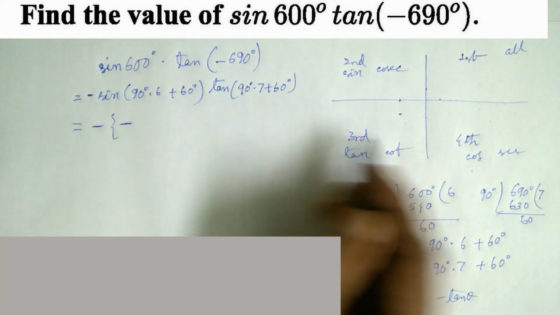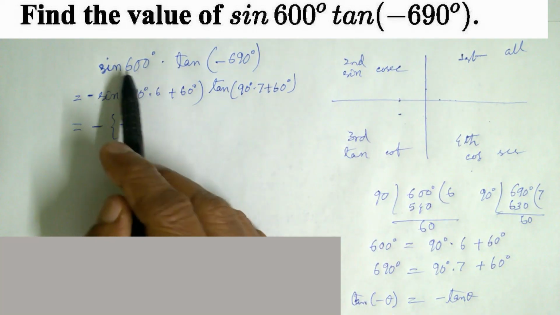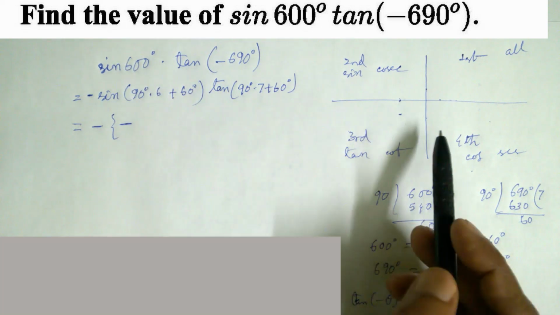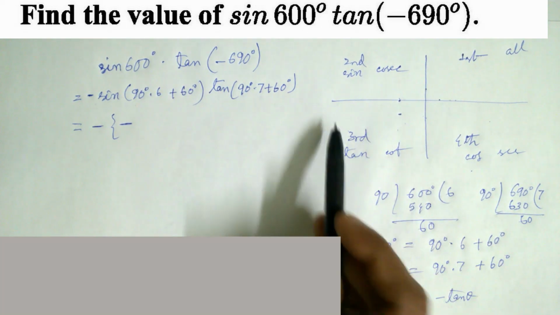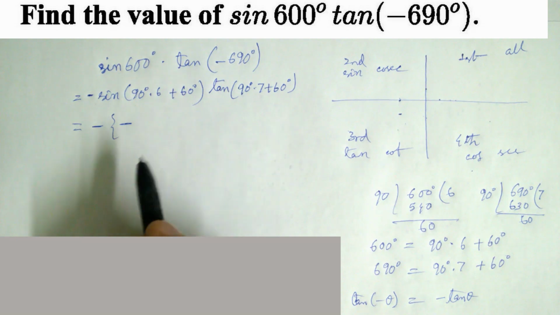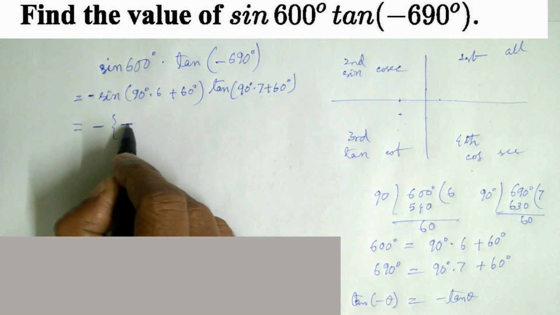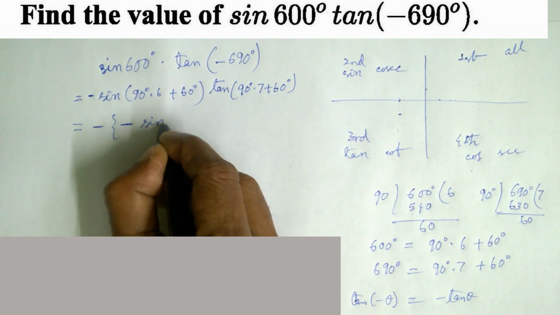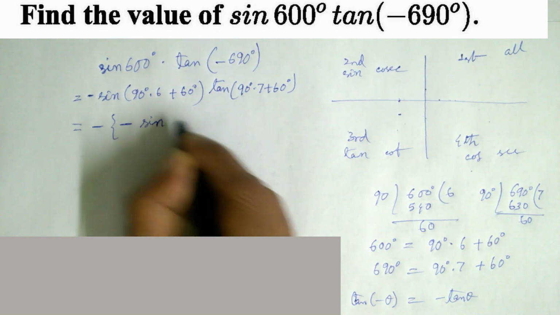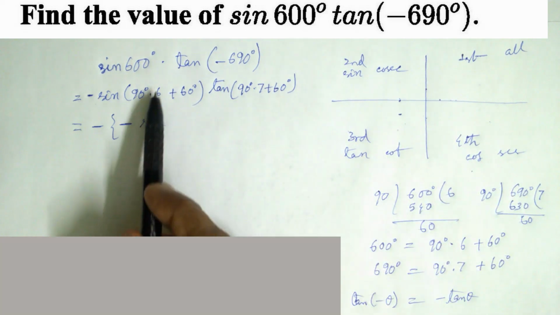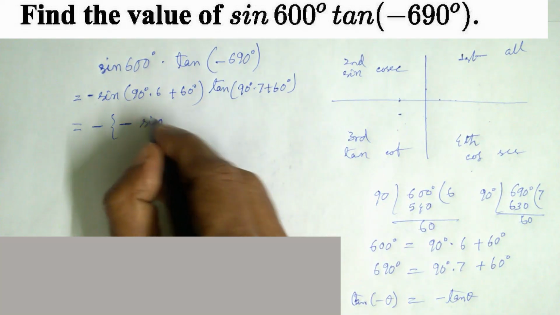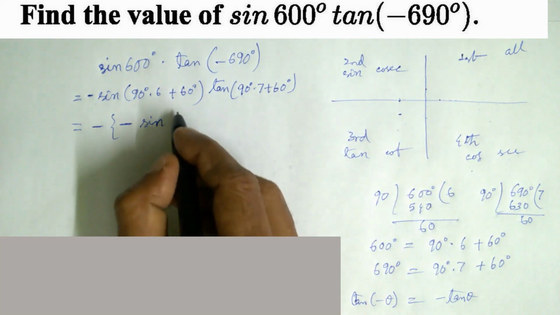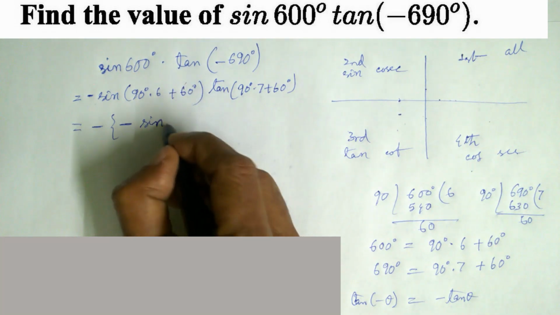So 600 degree angle will be falling in the third quadrant, sine negative. So this negative symbol stays, and sine will remain sine because of even multiple. 6 is an even number, so sine will remain sine, and this angle will be 60 degree.